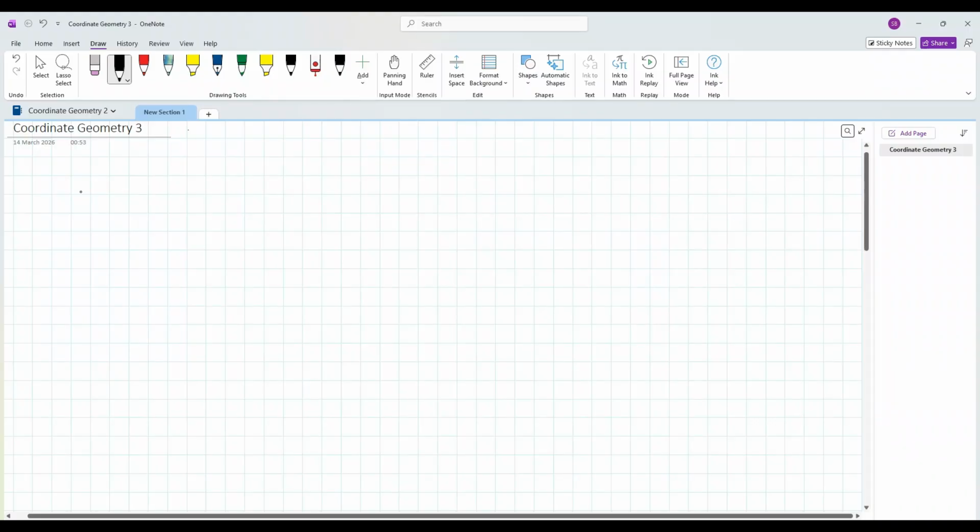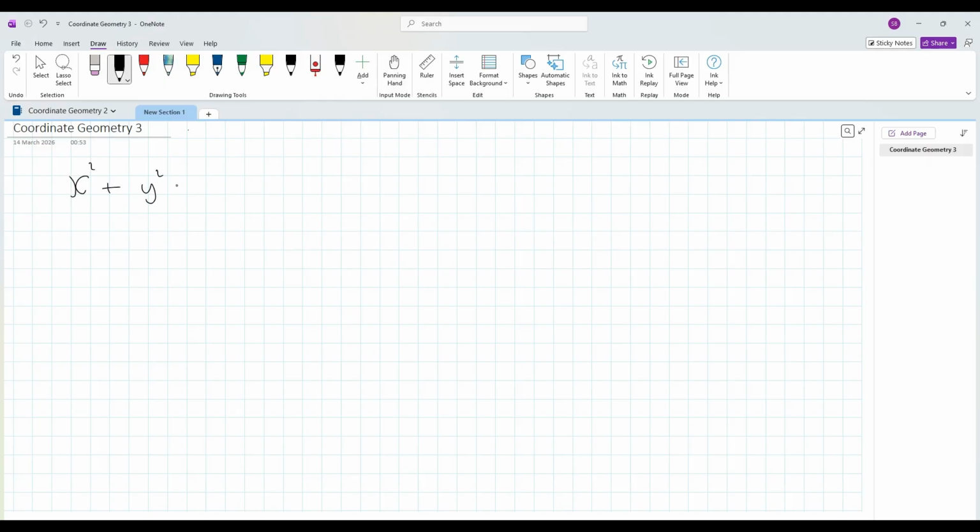So let's try another example. This example is slightly trickier, but please bear with me as we go through this. So say we're given the equation x squared plus y squared plus 4x plus 2y minus 10 equals 0.